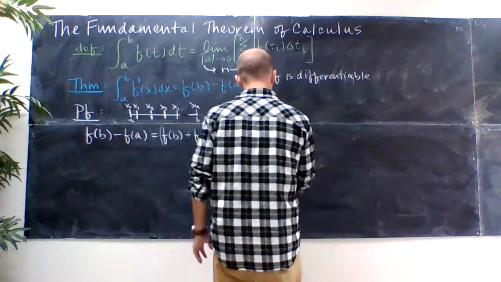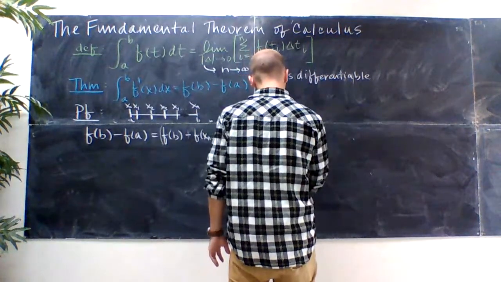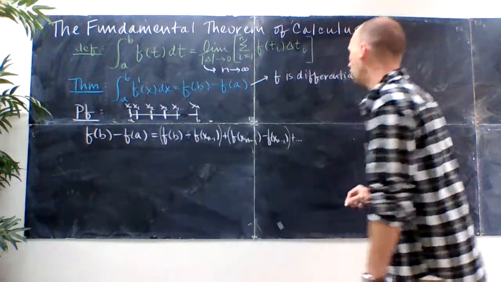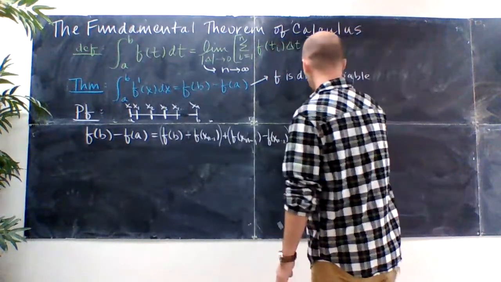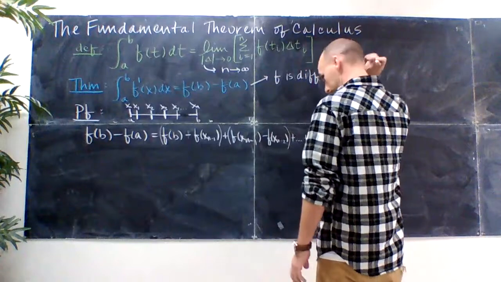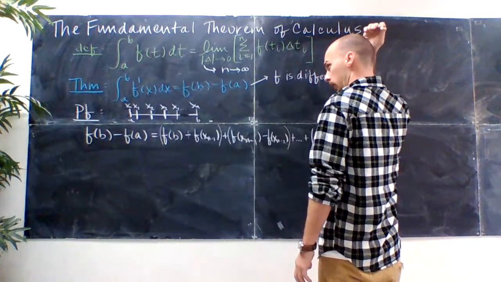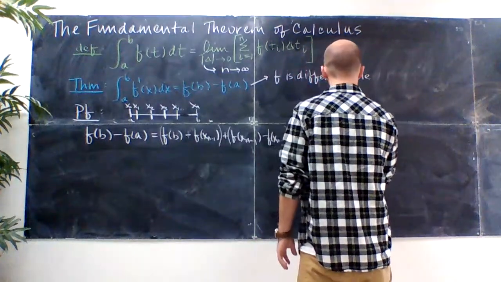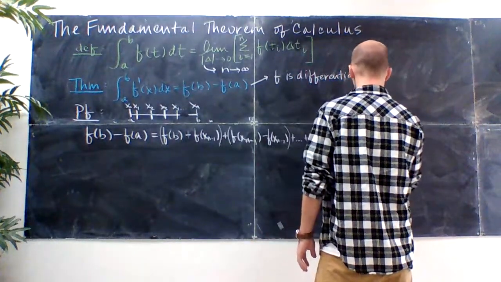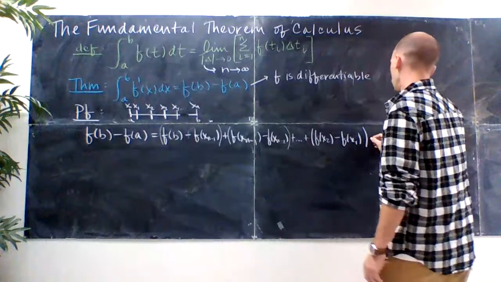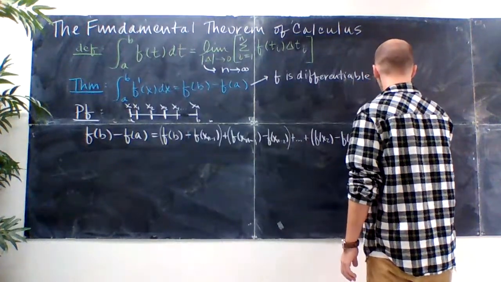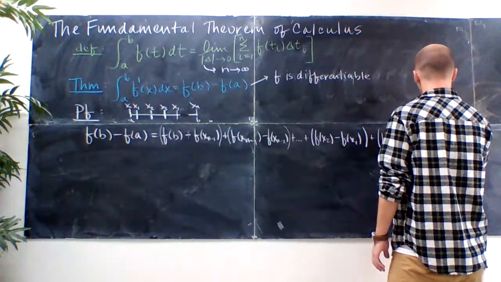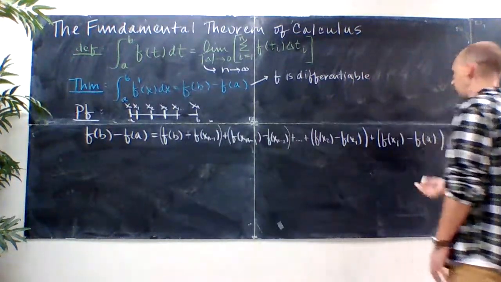Okay, so f of x_n minus 2, plus a whole bunch of other things, and then plus f of x2 minus f of x1, plus f of x1 minus f of a, which was x0.